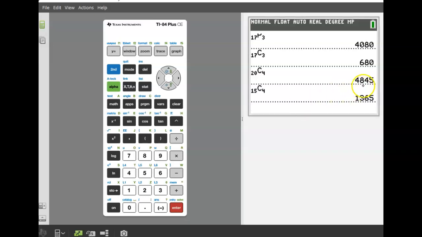Okay, for every one of those 4,845 ways, couldn't you pair them with one of these? With any one of those. So we have to multiply these. Yes, any one of these can be paired with any one of these.